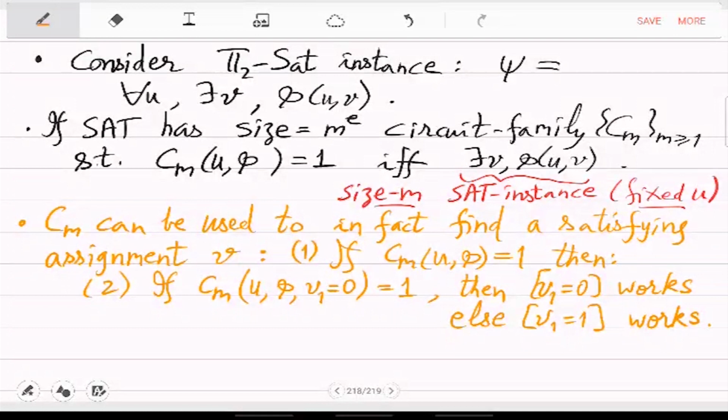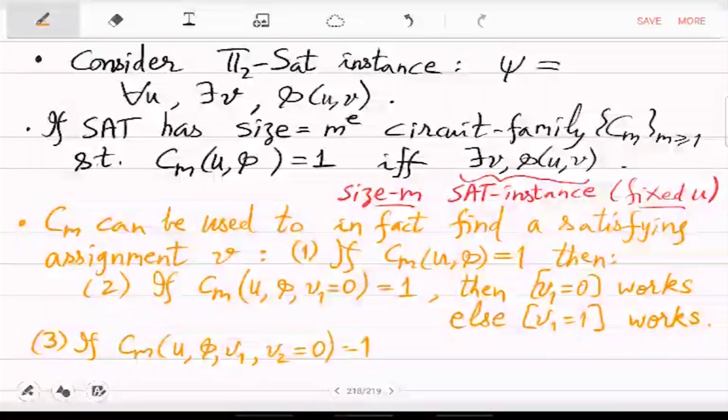So, next what you can do is you go with u, phi and whatever V1 you found out. So V1 we will just use what we got, and V2 we can now play the same game. Whatever V1 was fixed in step 2, V1 was defined here to be 0 or 1, and now V2 we will try to fix.